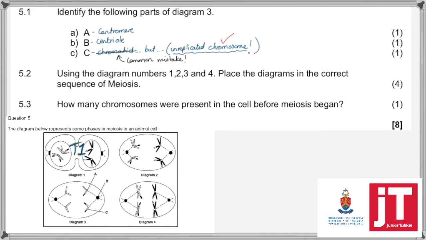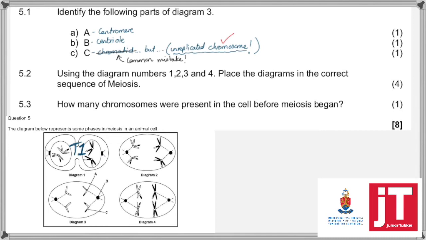If we look at diagram 1, while we've got the invagination here of the 2 cells, I've still got chromatids joined by a centromere, so it can't be meiosis 2, but this has got to be the end of meiosis 1. So we can identify this as telophase 1.